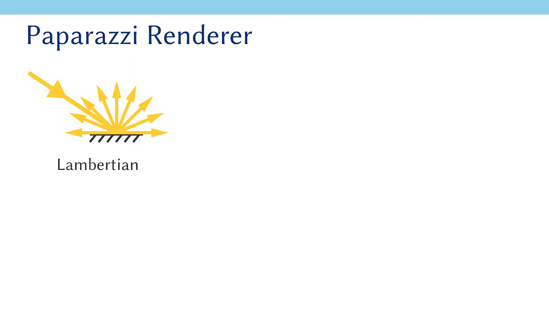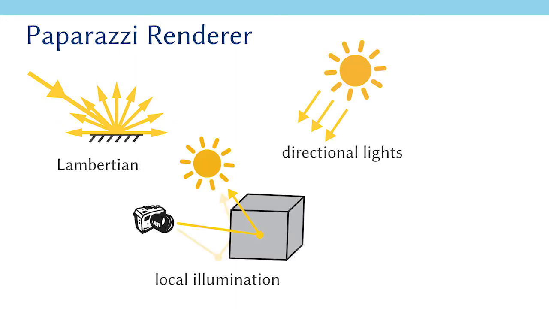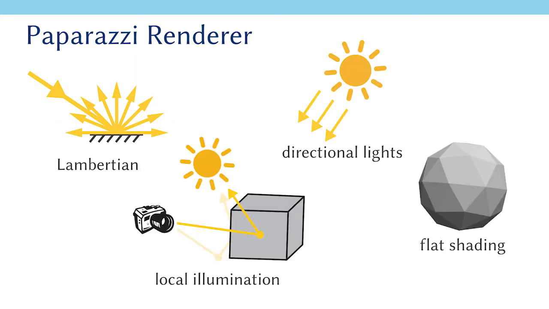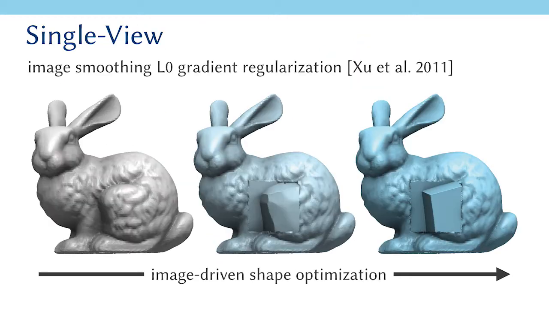Therefore, our Paparazzi renderer uses Lambertian reflectance, local illumination, directional lights, and flash shading to ensure differentiability. With the Paparazzi renderer, we can apply these image smoothing algorithms to make the bunny piecewise planar. In general, we don't just want to optimize a single view of a shape, but the entire shape through multiple views.